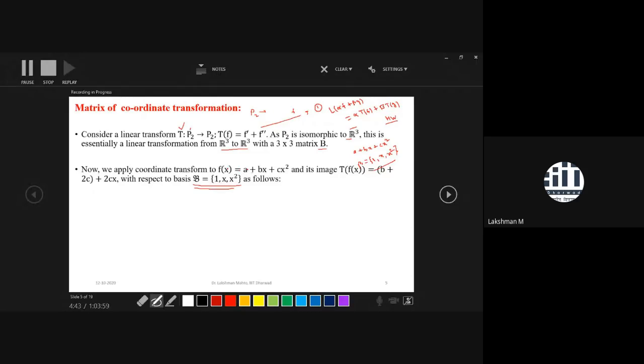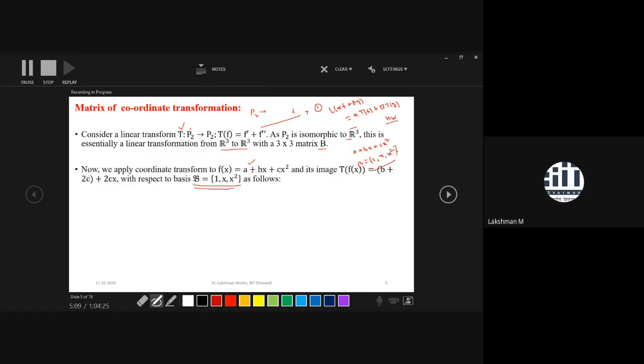If you take any general polynomial from P2, and P2 is the collection of all polynomials of degree up to 2, any general element of P2 can be written as a plus bx plus cx square. And what would be the image of this polynomial? The image says take the first derivative and second derivative and sum them up.